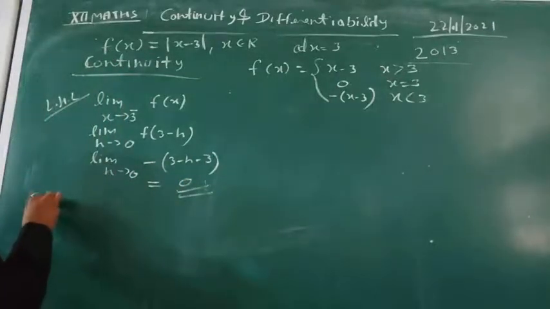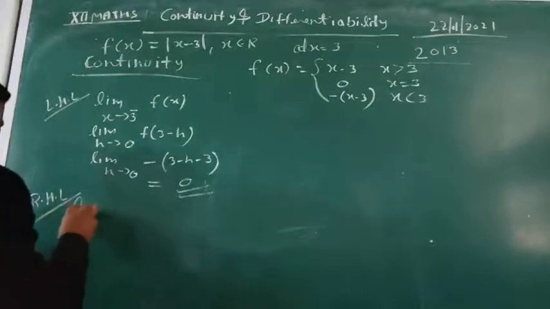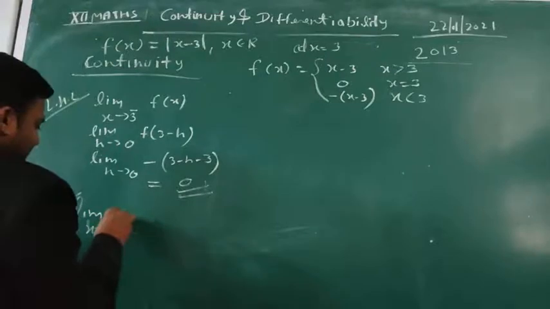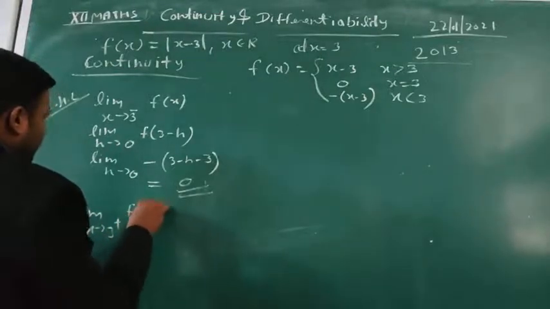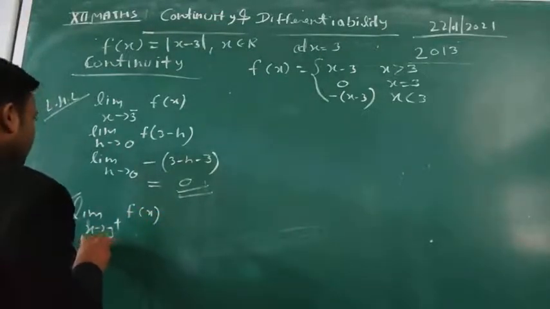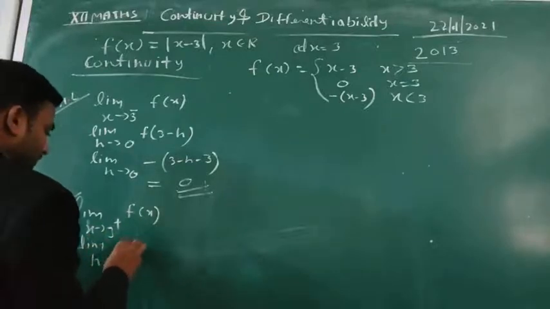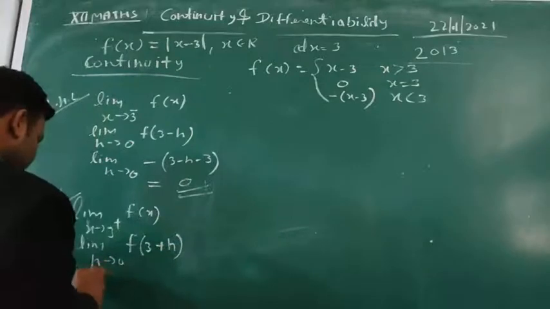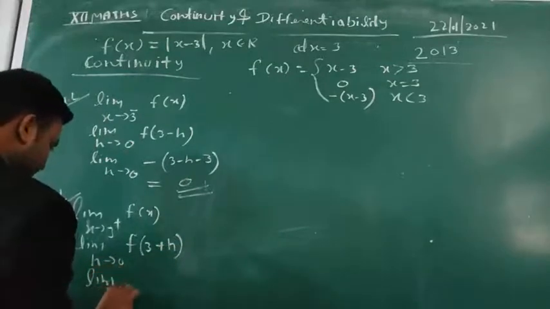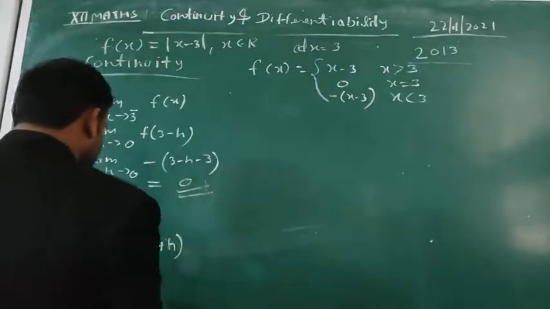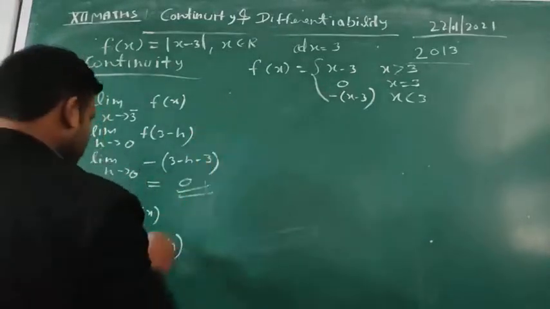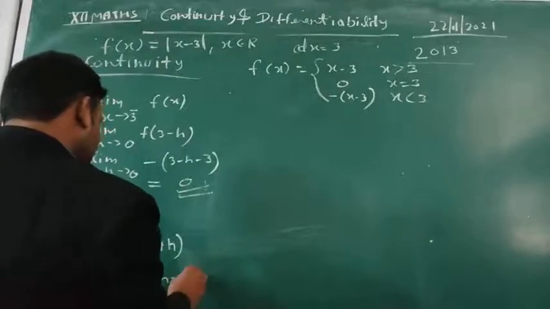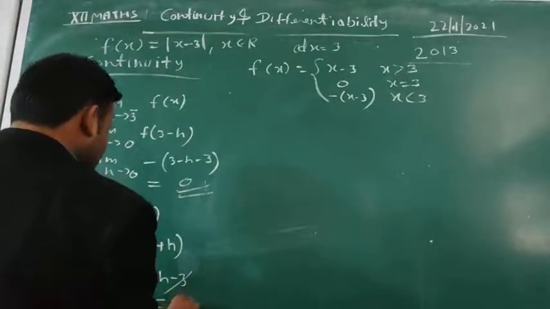Now student, right hand limit, so limit x tends to 3 plus f(x), limit h tends to 0, f(3 plus h). Our function will be 3 plus h minus 3, so this will be cancelled and we get 0.